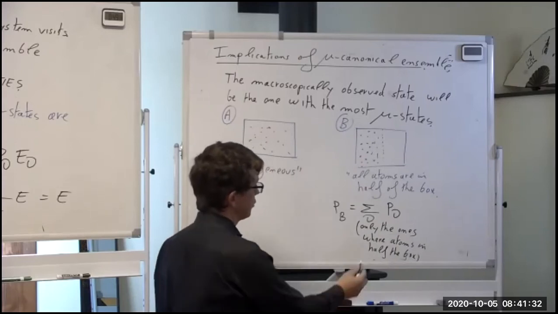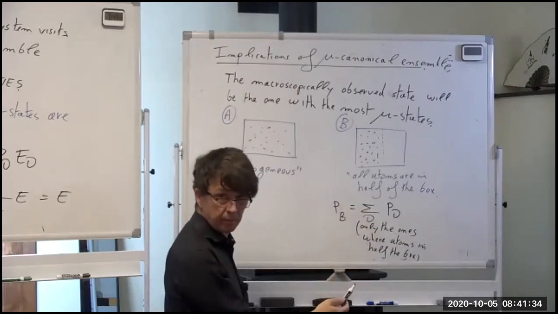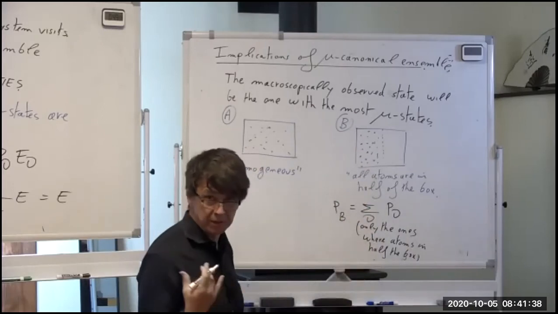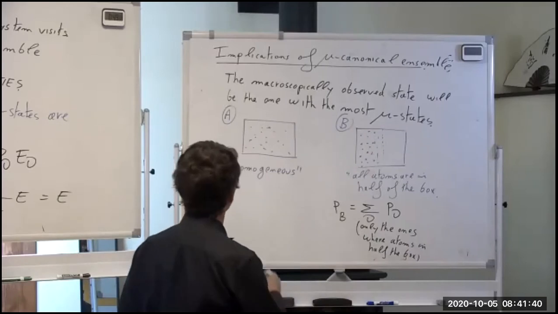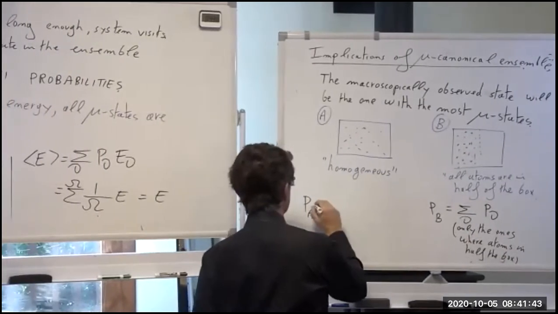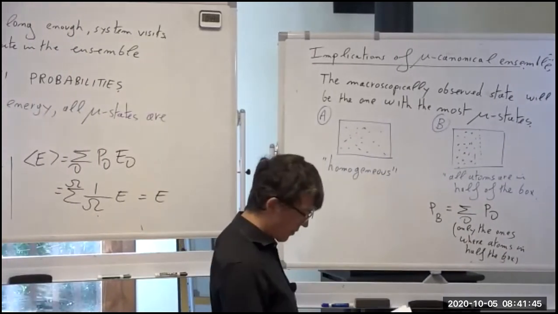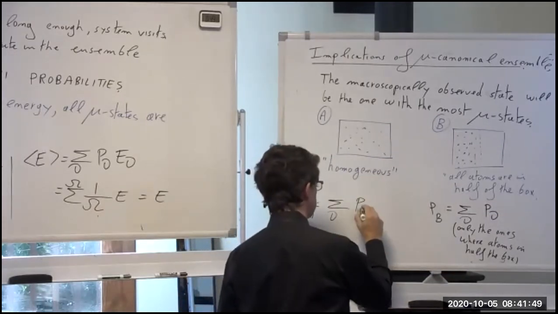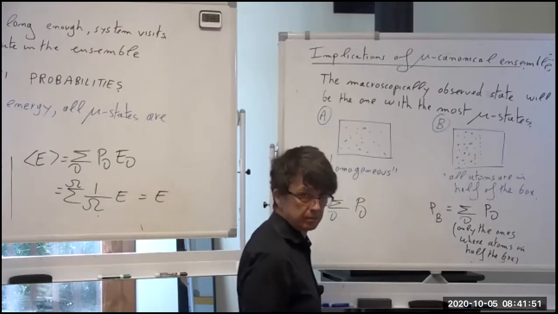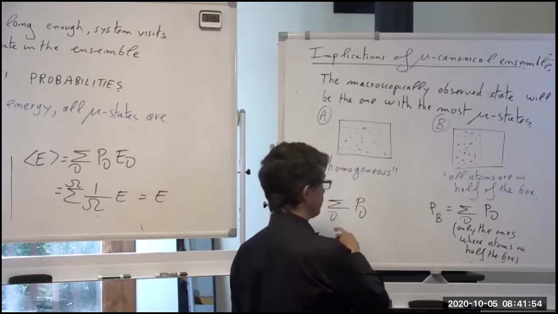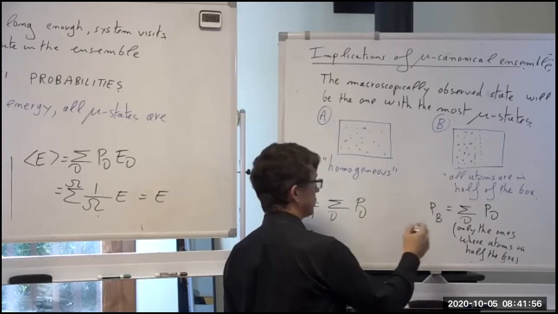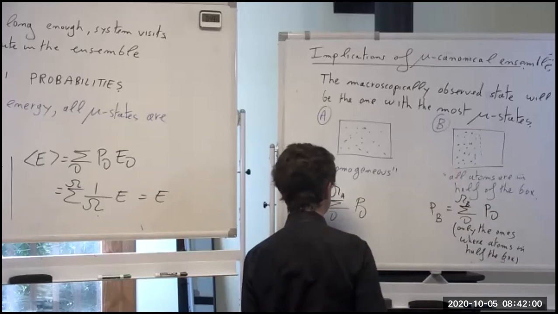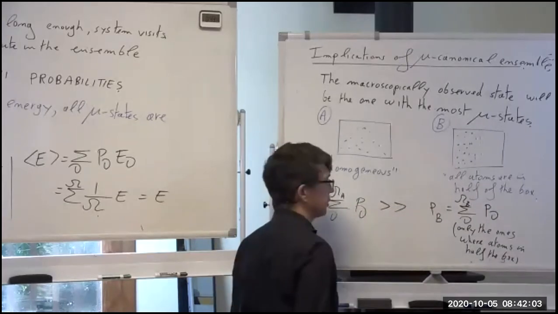Can you read this? So I'm only summing over the microstates where the atoms are in half the box, because that's my macroscopic definition of the states. Whereas for PA, I don't have a constraint on it. So this PA is just the sum of all the states. And since there's just a lot more here, maybe I'll call this omega B and this omega A. Since there's a lot more here, this is going to be much larger.